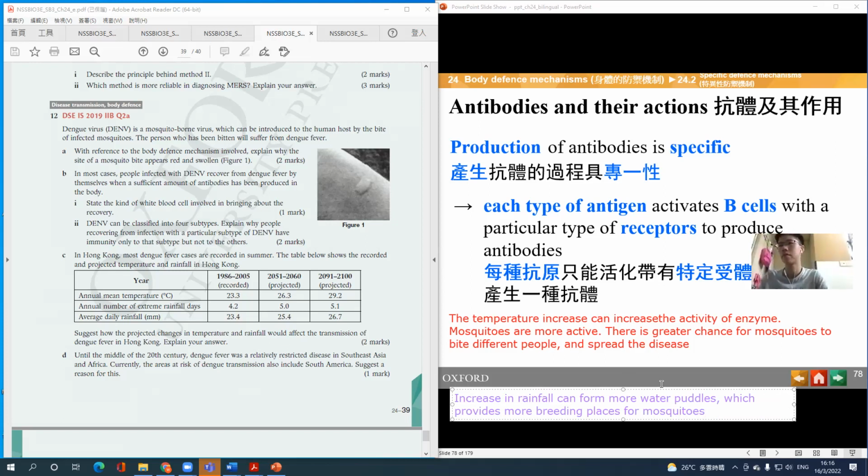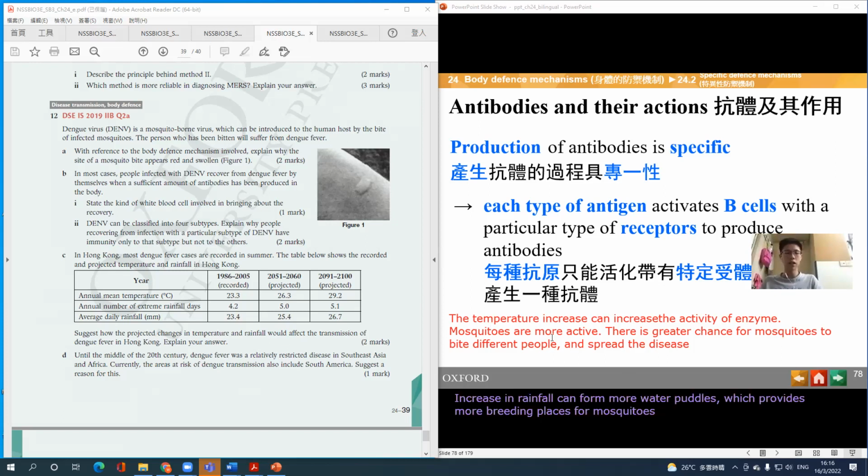Okay. So you expect there will be more mosquitoes. When there are more mosquitoes, then there will be a problem. There will be a greater risk of infection, disease transmission, etc.